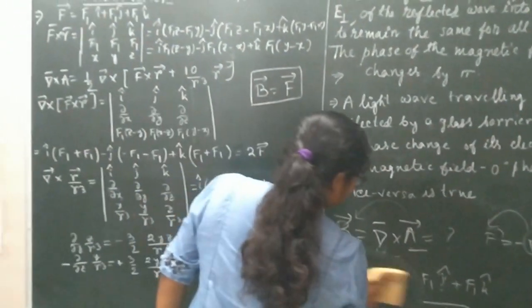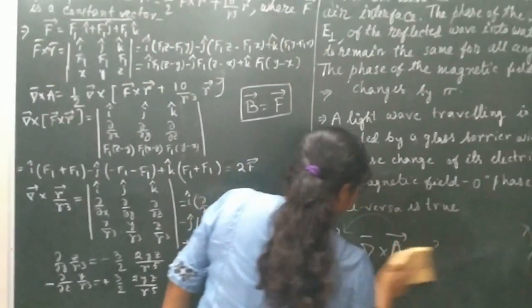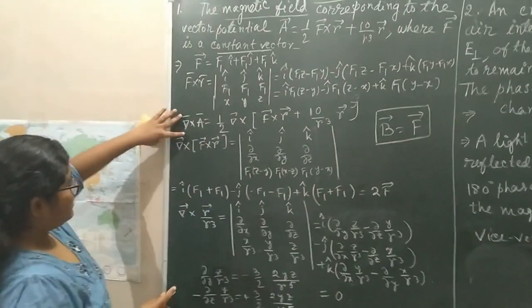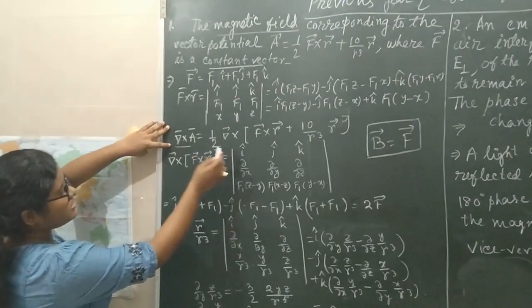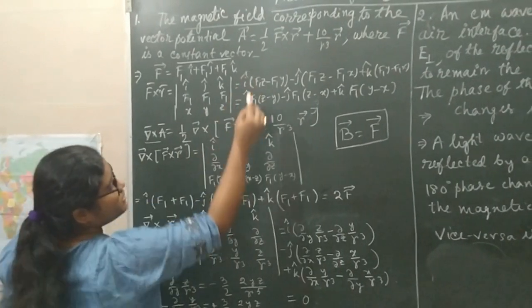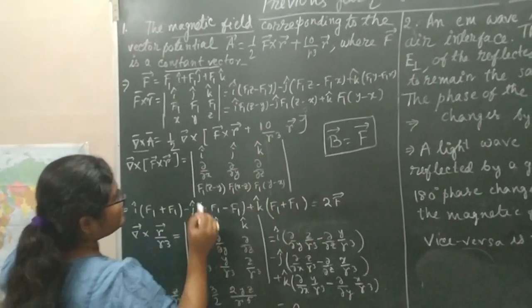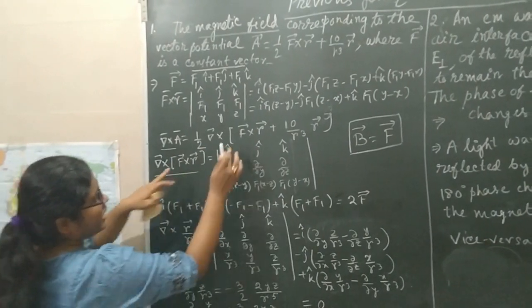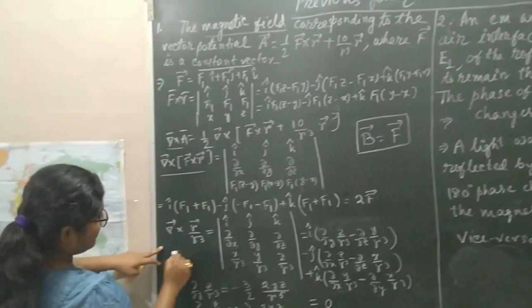Now let us proceed to the question: we have to take the curl of the magnetic vector potential. So for simplicity, I write the curl of A as half, putting the half outside, curl of F cross R plus 10 by R cube into R vector. Then I take the curl of F cross R and the curl of R vector by R cube.